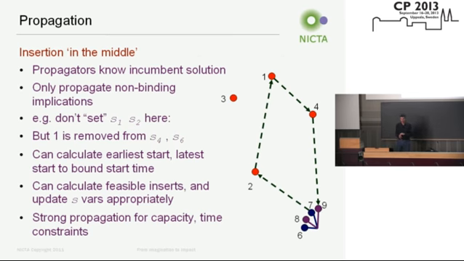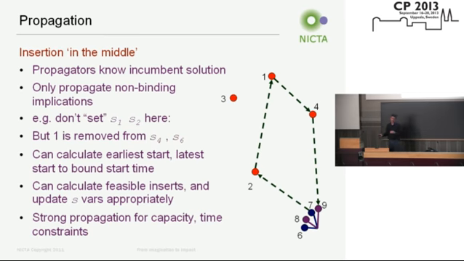So this allows us to do insertion in the middle, and you're only propagating the non-binding parts of the decision. So we don't set S1 and S2, but we can, as I mentioned before, remove 1 from S4 and S6 because they're no longer feasible once you've got this idea of an incumbent solution.